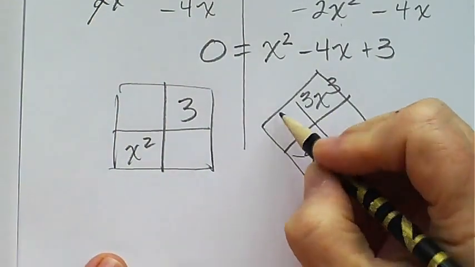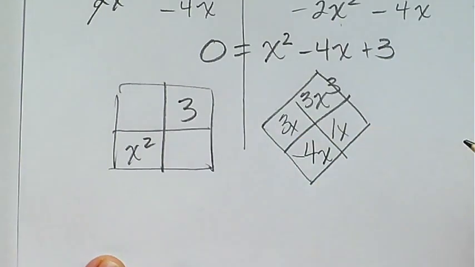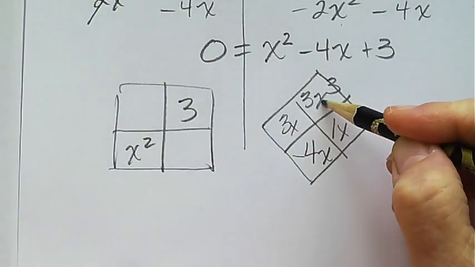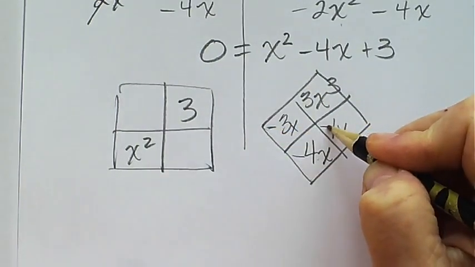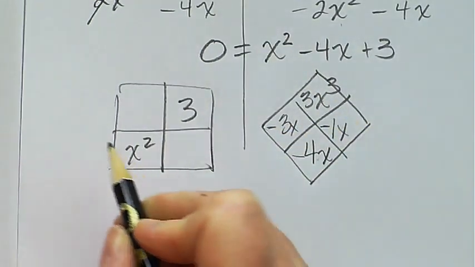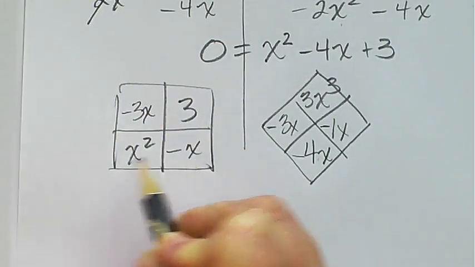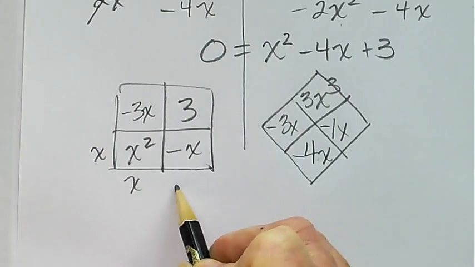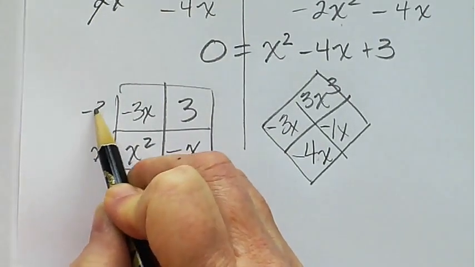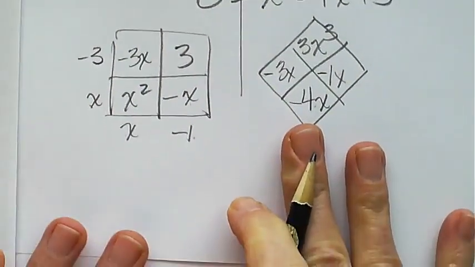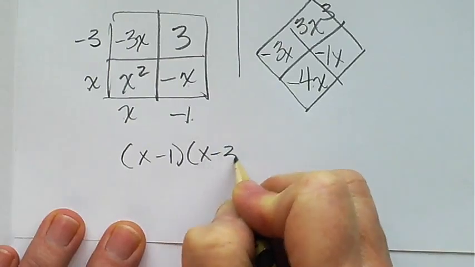So I want 3x and 1x, and I want them to multiply to give me positive 3, but when I add, I get negative 4. So that's going to be a negative 3 and a negative 1. So that's going to be negative 3x and negative 1x. So that's x minus x times negative 1 is negative x, times negative 3 is negative 3x. So x minus 1 times x minus 3 is 0.